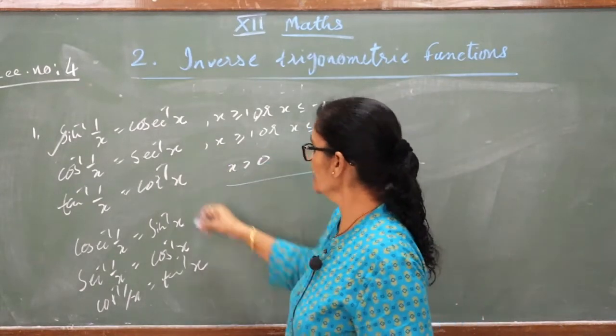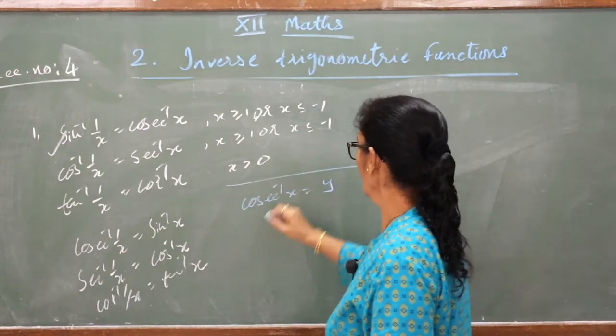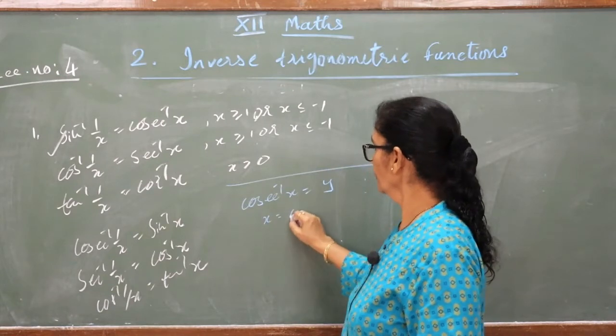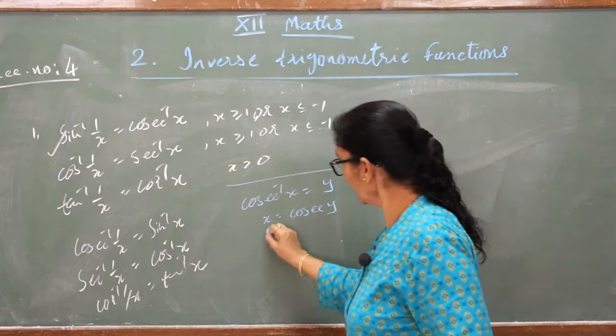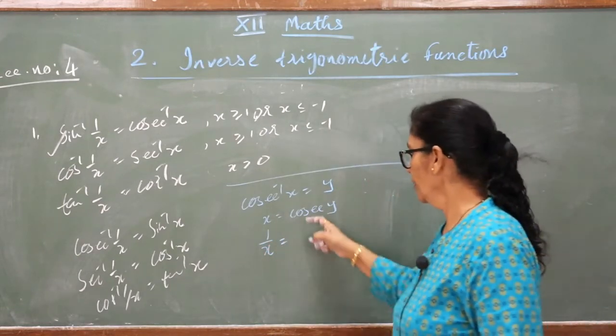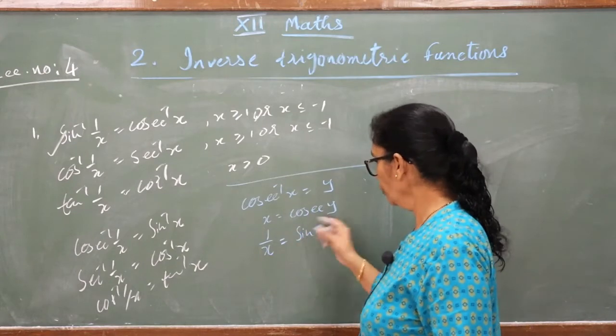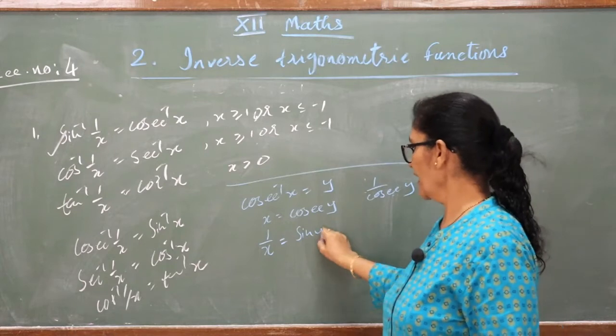Let's assume cosec inverse x equals y. So x equals cosec y. Now if I write 1 upon x, that is the reciprocal, so 1 upon cosec y is sin y.